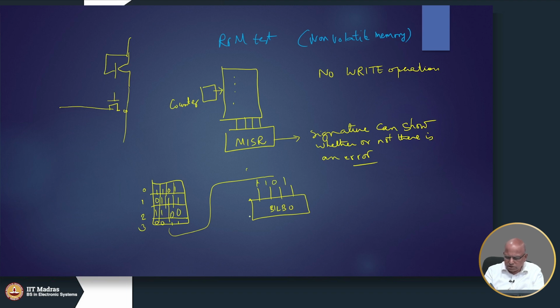The BILBO has been initialized to, let us say, all zeros through a reset, and as I read, the BILBO will keep giving a signature. At the end of reading out all the 4 locations of the ROM, I will have the signature. So, this is a good signature, and if one of them were to change, let us say from 0 to 1, then this signature is very likely to change.